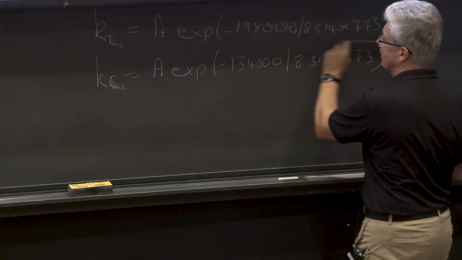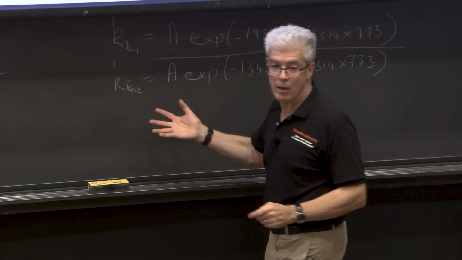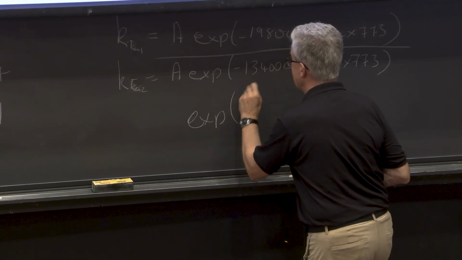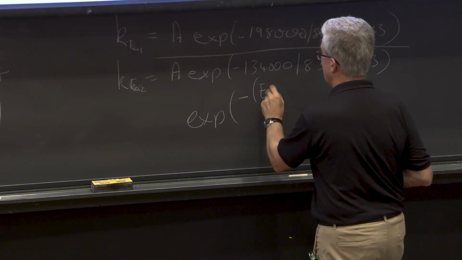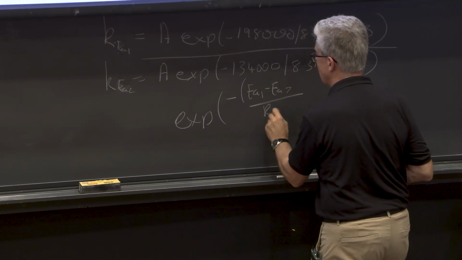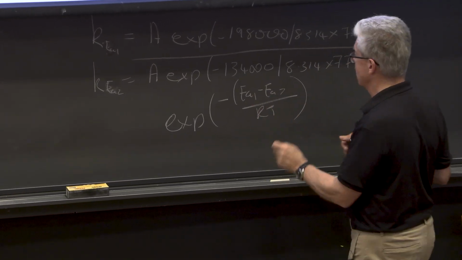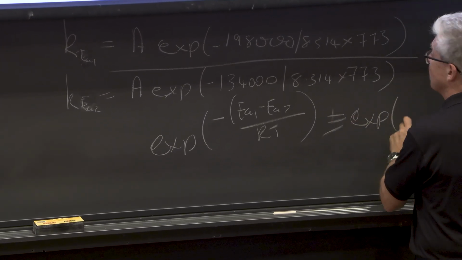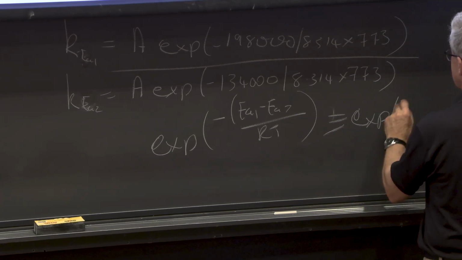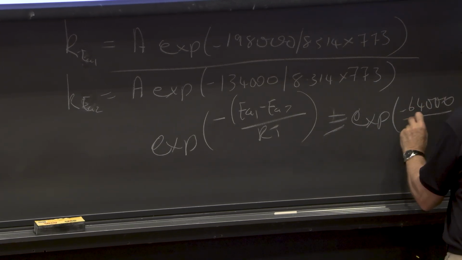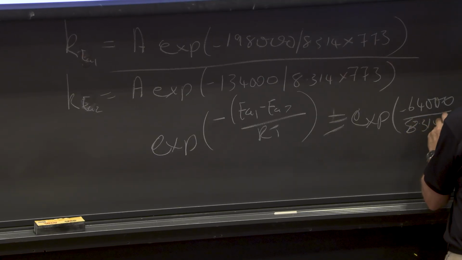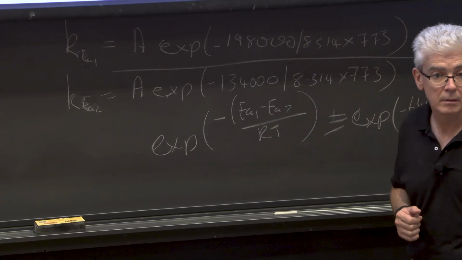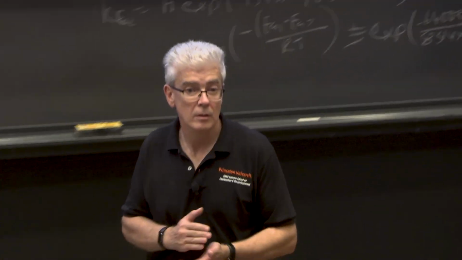So what's the difference actually? The difference, K for EA1 and K at EA2, is equal to the exponent of minus (EA1 minus EA2) all over RT, which is equivalent to the exponent of minus 64,000 over 8.314 times 773. Okay?